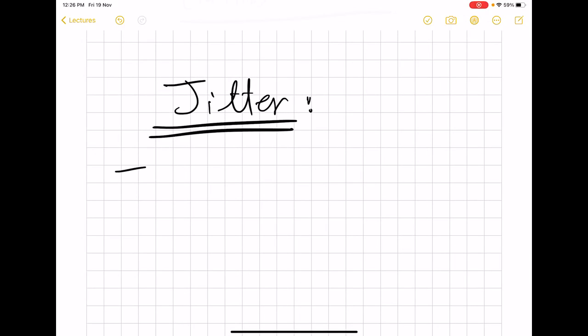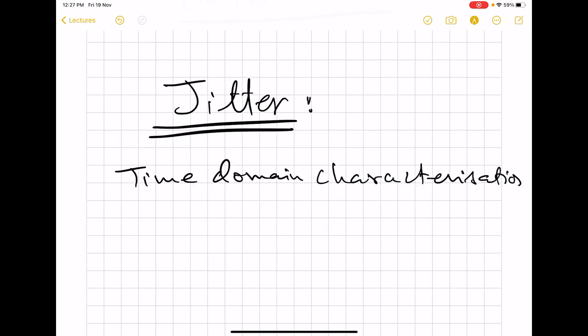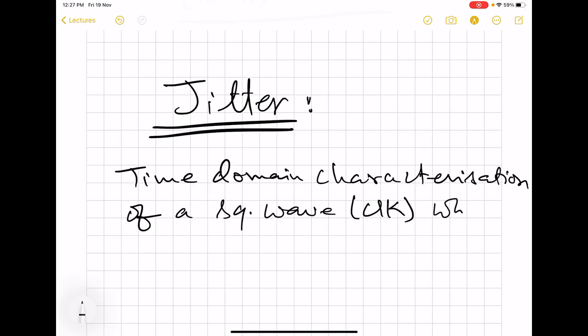So jitter is the time domain characterization of a square wave, say a clock, which has non-uniform period.